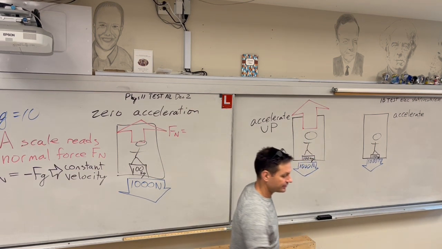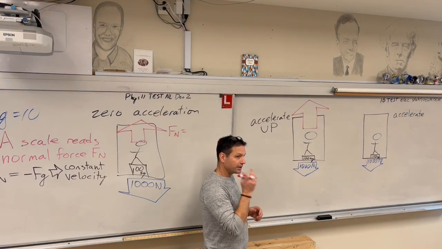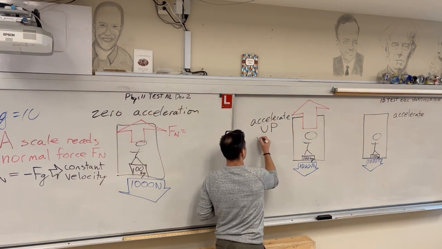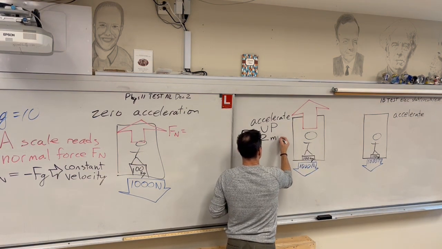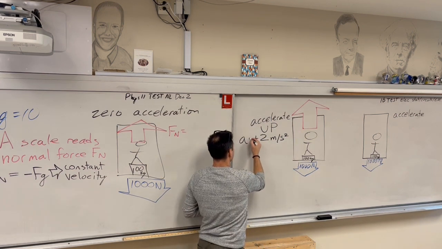Let's say, should we do some numbers for this? Okay, give me a number for acceleration. 2 meters per second. So let's say plus 2 meters per second squared is my a.